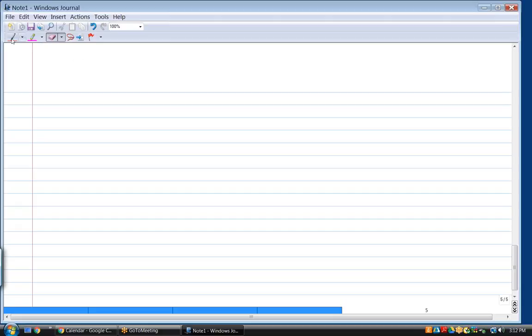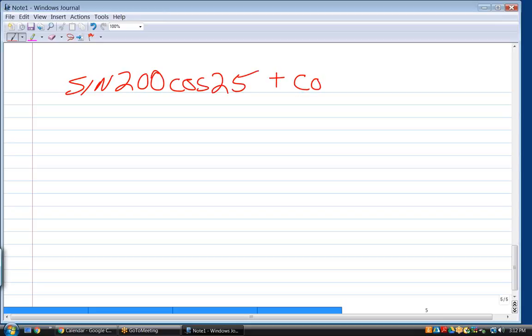I have one that I had confusion on as well, and that is sine 200 times cosine 25, plus cosine 200 and sine 25.